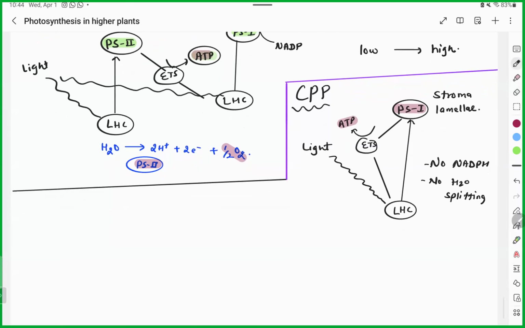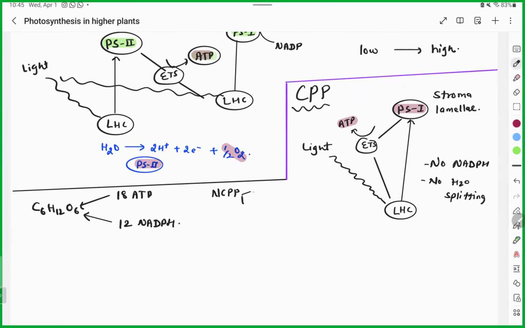For example, for one glucose formation, a total of 18 ATP is consumed and a total of 12 NADPH is consumed. Correct? In non-cyclic photophosphorylation, an equal amount of ATP and NADPH is produced.